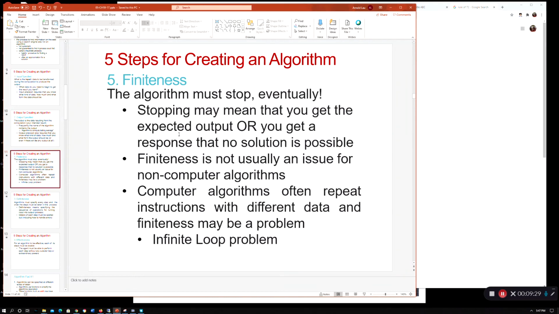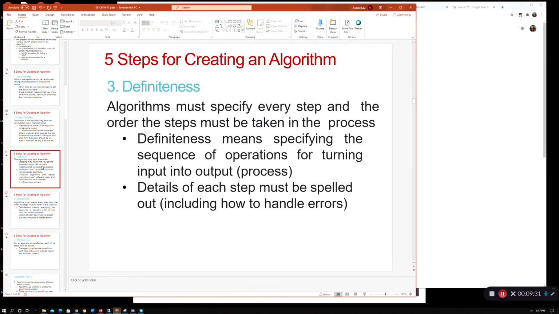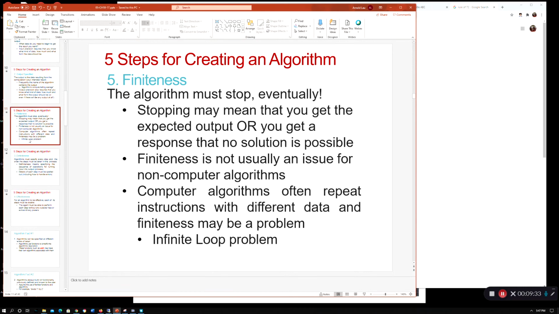And finiteness. You want to have some sort of endpoint that would come out. Before I was saying I want a cake, that's my output. There will be certain types of things where, if you don't have a finite output coming out, then it's not really a valid algorithm. One thing here is it's talking about infinite loops.